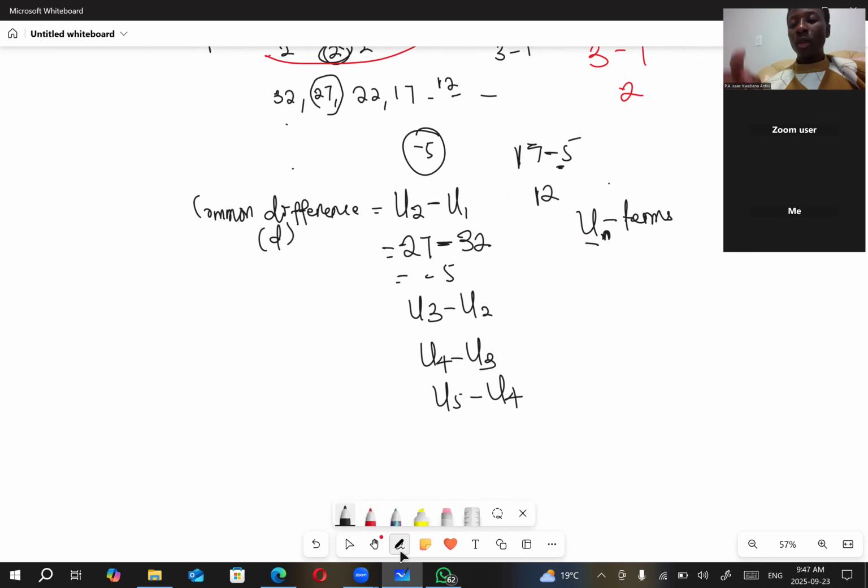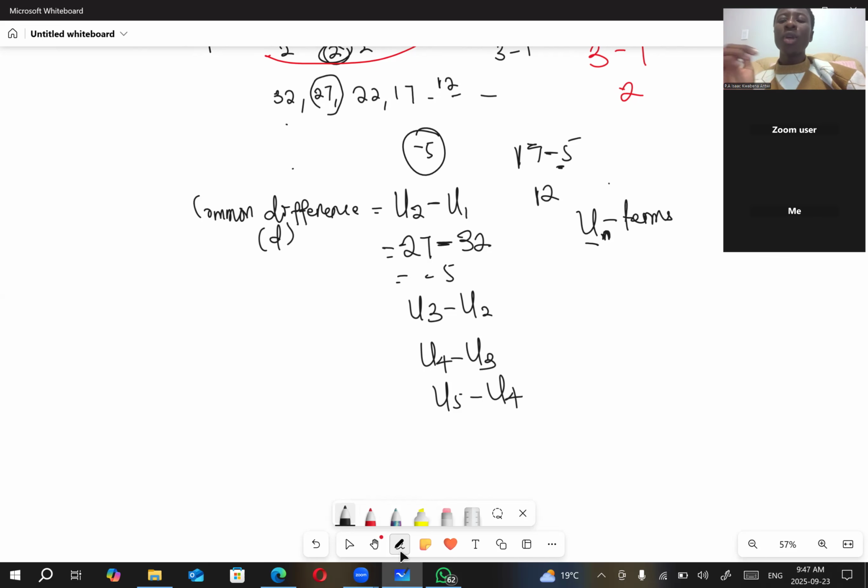Now, when I create a sequence, I ask you to continue. For this topic, the questions you'll be given are: find this term or that term, so find the fifth term, sixth term. Of course, you just look at a pattern and guess.